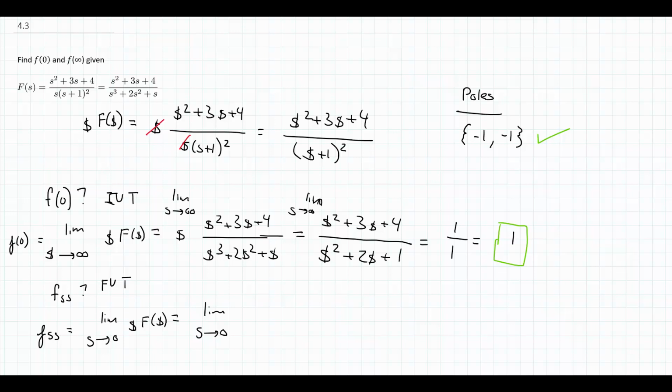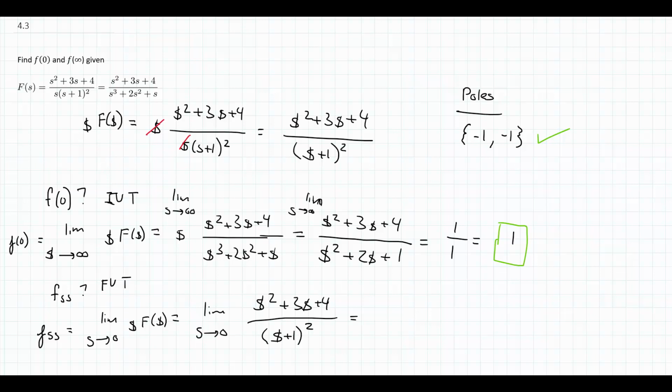So I can just copy it from above. That was s squared plus 3s plus 4 over (s plus 1) squared. All right, so that is s times f of s. I've already incorporated that s into it from when I was checking the poles of the system.